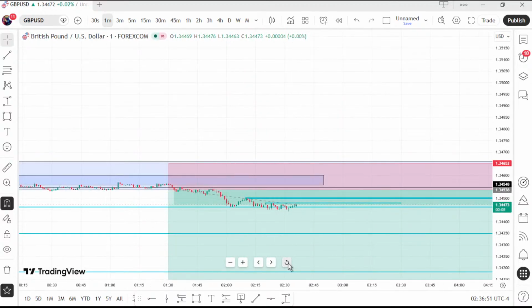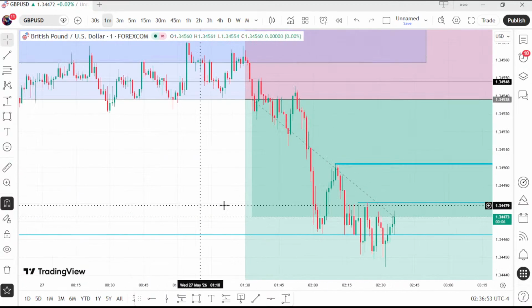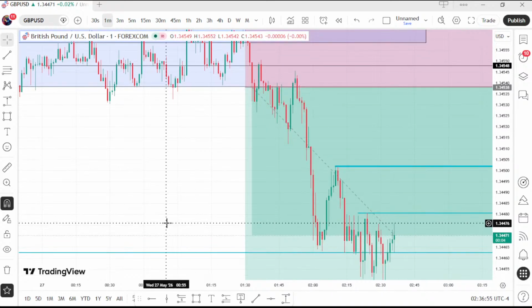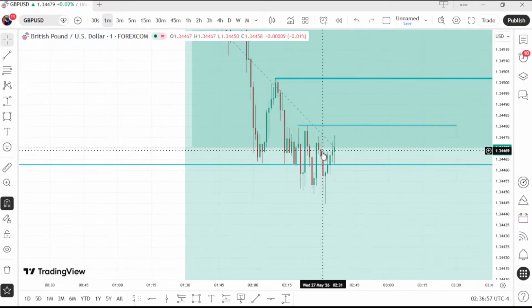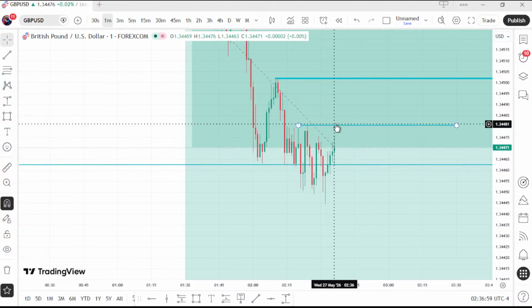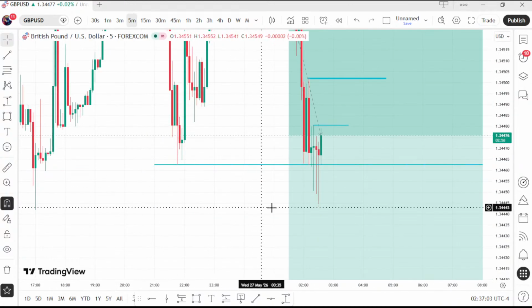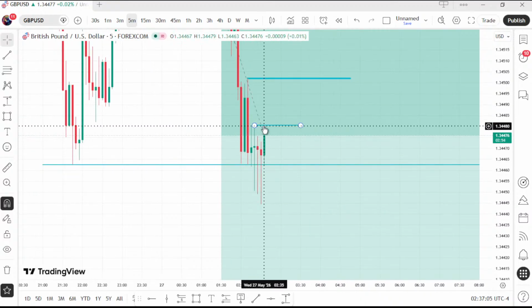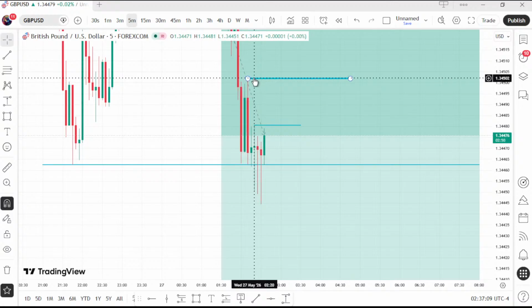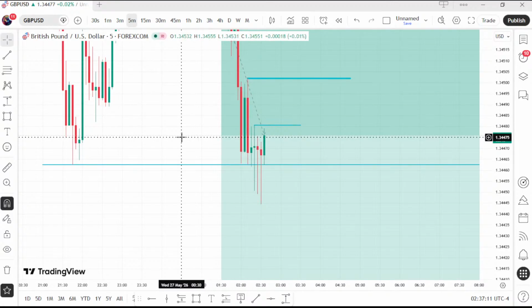Let's go. It's also consolidating, so let's watch. I said that if price does a market structure shift to this, probably this, the first one, I'll buy there. You see it?